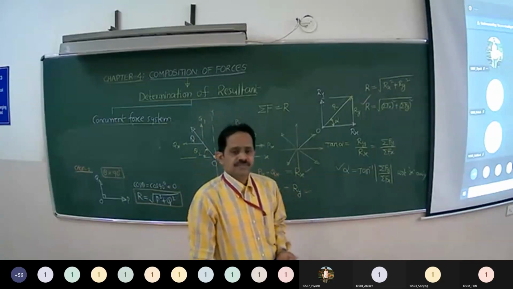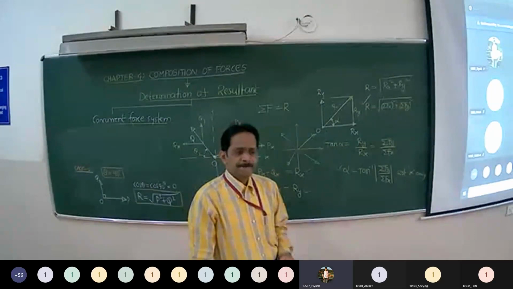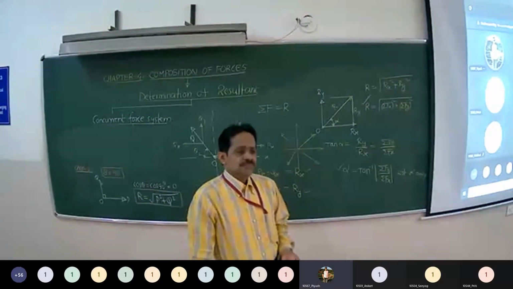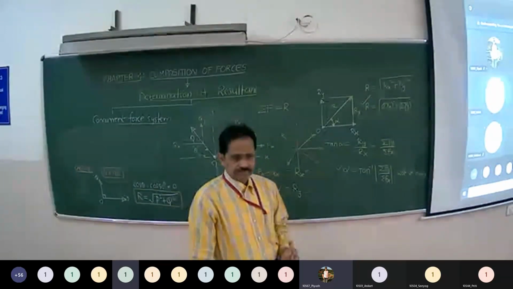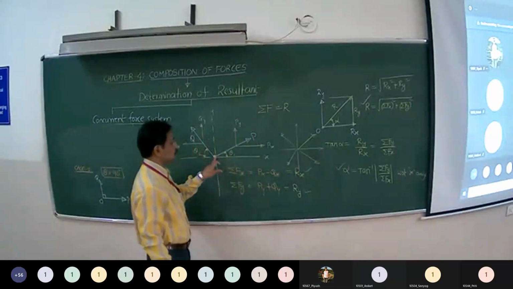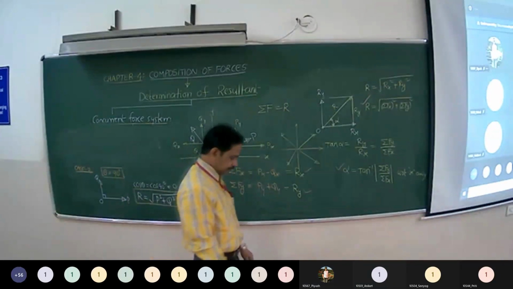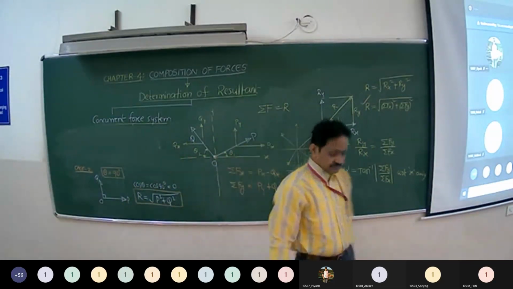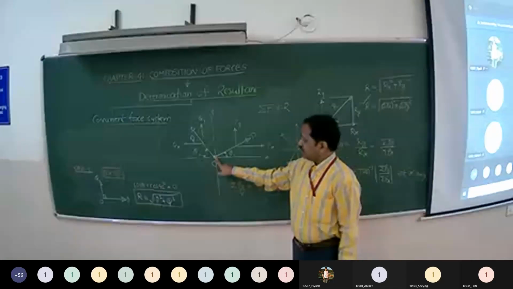Where will it act for concurrent force system? Anybody? So it will act at the same point from which P and Q are originated. Point of intersection. Why is it so? Why will it act at point O? Why not somewhere else? That is true. Resultant will act at the point of concurrence.